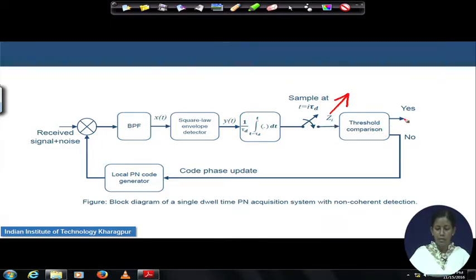We will do a lot of derivation based on this Z. If the threshold output says that synchronization is achieved, then you are on this line and there is no feedback going into the local PN code generator. Otherwise, if synchronization is not achieved, then some correcting information goes into the PN code generator, and based on this information from the decision device, the phase and timing of the waveform generated inside the PN code generator will be changed, in order to reduce the phase difference between the received signal PN code and the locally generated PN code.